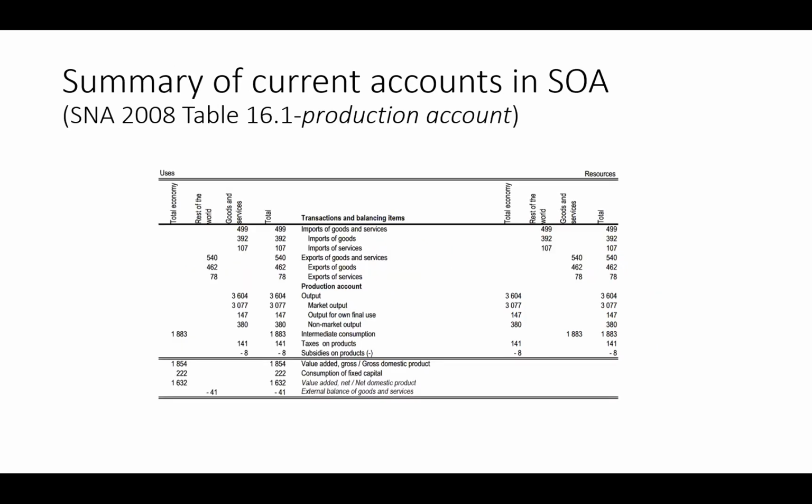We see all the institutional sectors, and then this is the summary of current accounts in the sequence of accounts. This is the T account. Only one set of descriptive headings is shown in the middle of the table here, with the values representing resources in columns to the right, and the values representing users in the columns to the left.